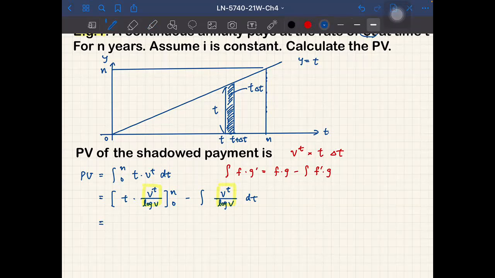If we plug in 0, the t becomes 0, so we only have the first term: n times v to the n's power over the log of v. Then next, negative v to the t's power over the square of log of v, and we plug in n and 0 here.